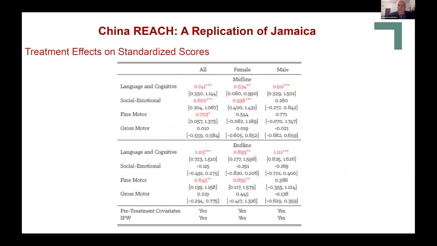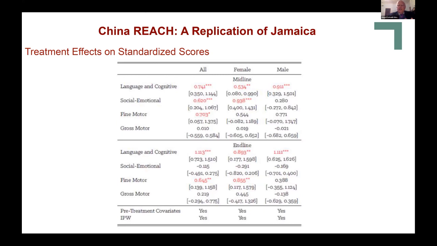I'm not going to go through all the treatment effects, but I will tell you that we've taken this program to China. Now, this program in Jamaica was a pilot program, and it led to many programs that have now been tried around the world. It's now starting to be tried in Thailand. It's been implemented in China, and I'll give you some results. We went to rural China, in Gansu, if you know the country.